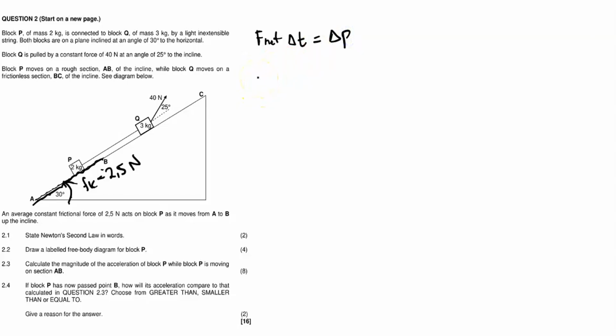And the definition of Newton's second law can change to be that for grade 12, where we say the net force acting on an object is equal to the rate of change of momentum.